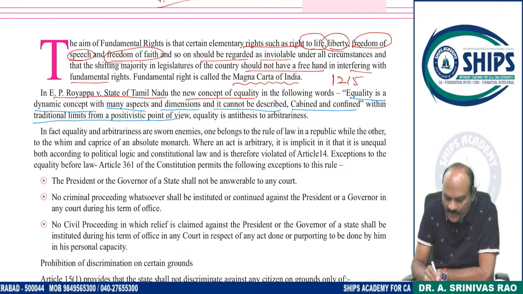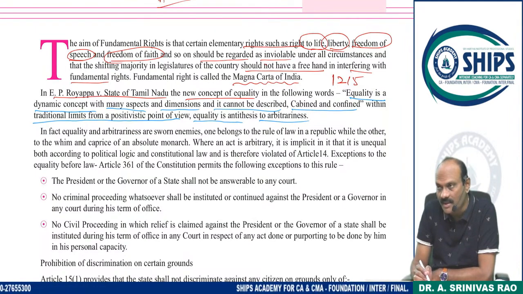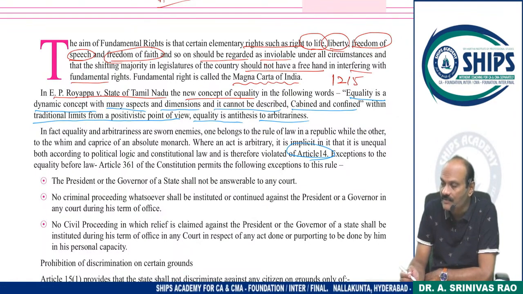From the perspective point of view, equality is an antithesis of arbitrariness. Nothing but you should treat everyone as one and the same. Article 14 is there. According to Article 14, you should treat everyone as one and the same. You cannot discriminate against people based on caste, creed, color, race and sex.